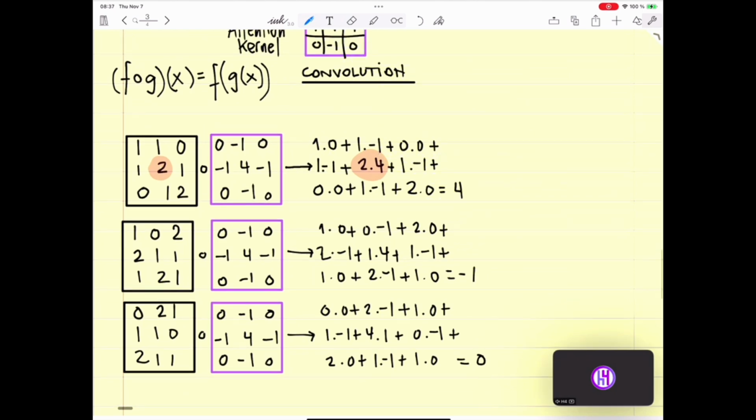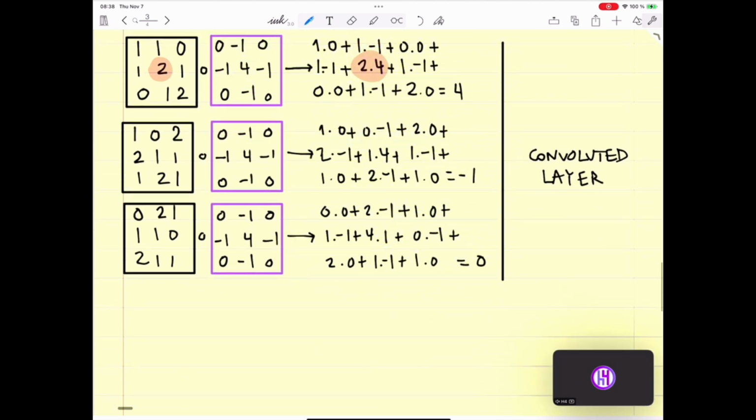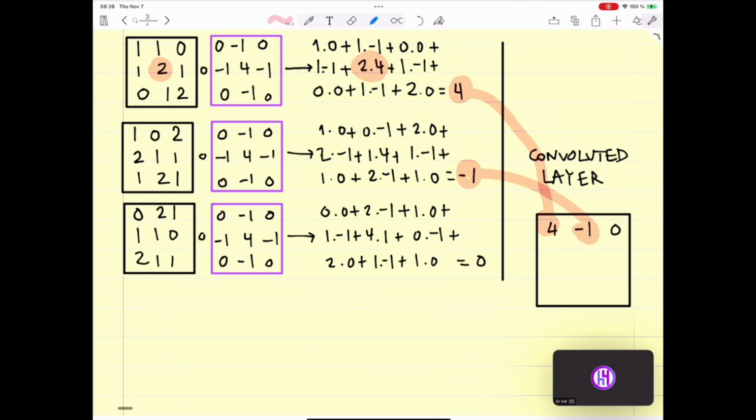So from these first 3 calculations, the convolved layer becomes 4, minus 1, and 0. So this 4 goes here, minus 1 there, and 0 there.